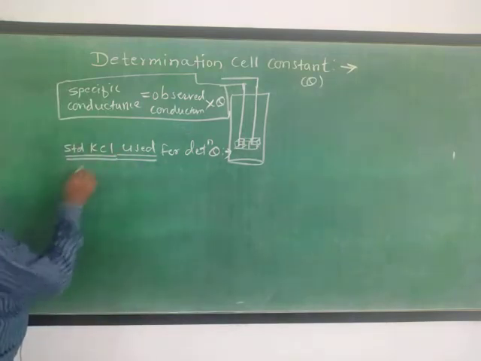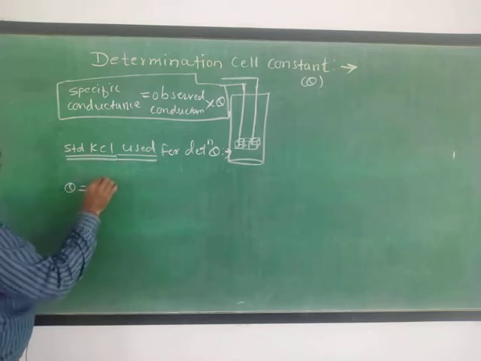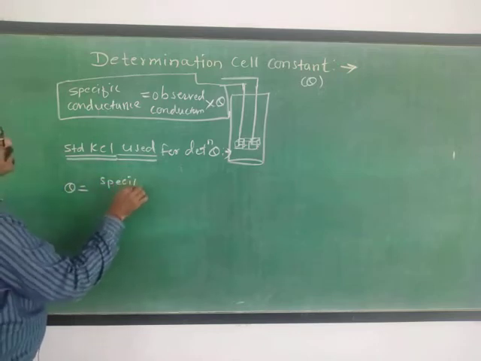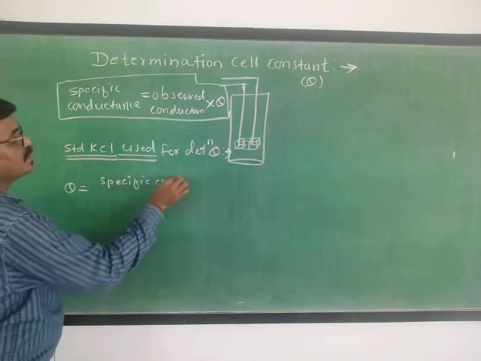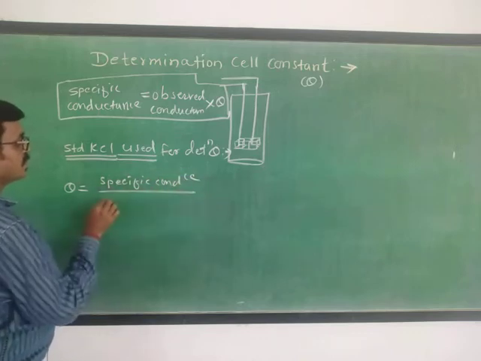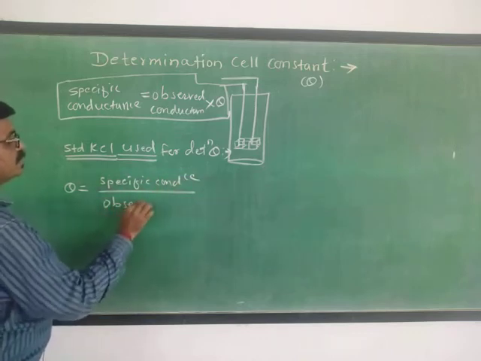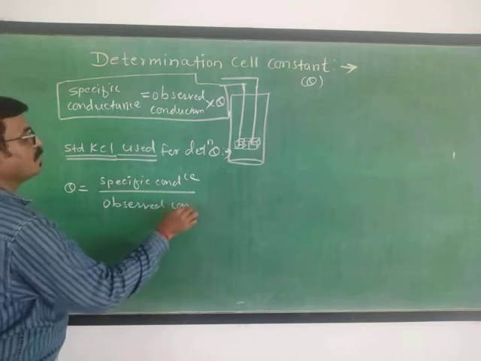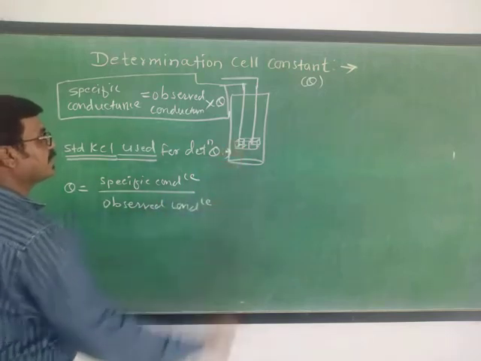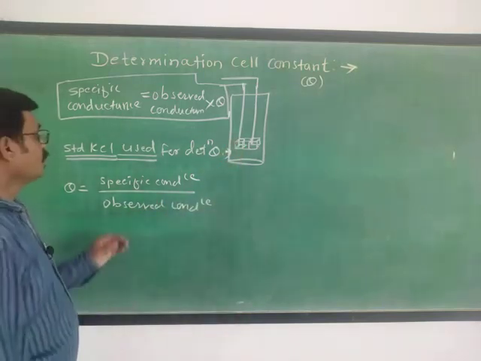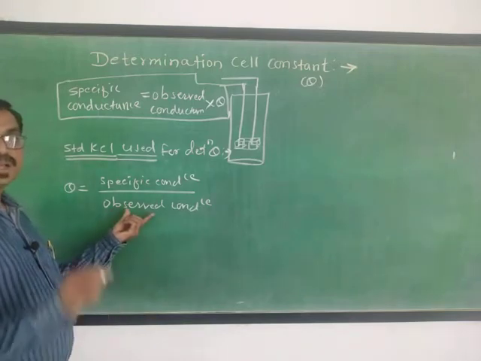From this formula, theta, that is the cell constant, is equal to specific conductance upon observed conductance.